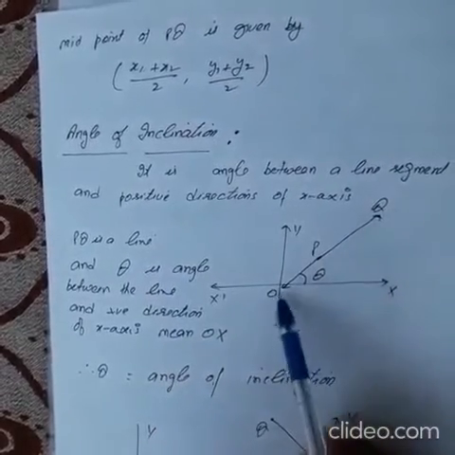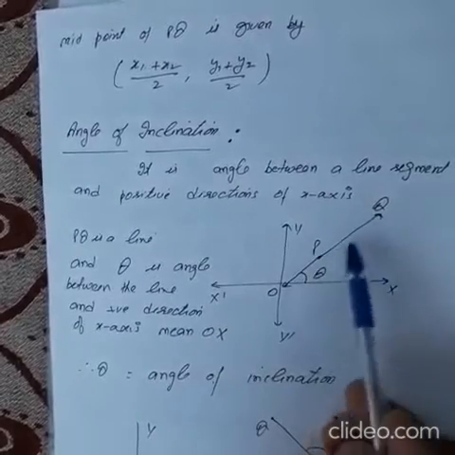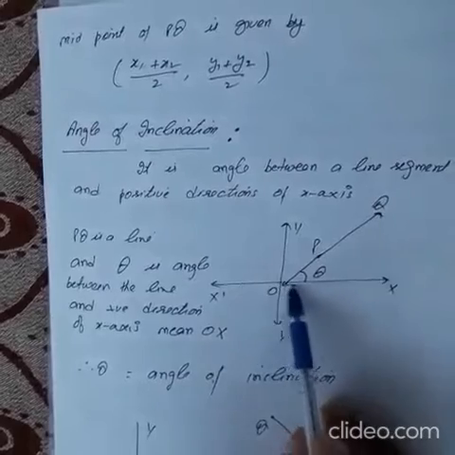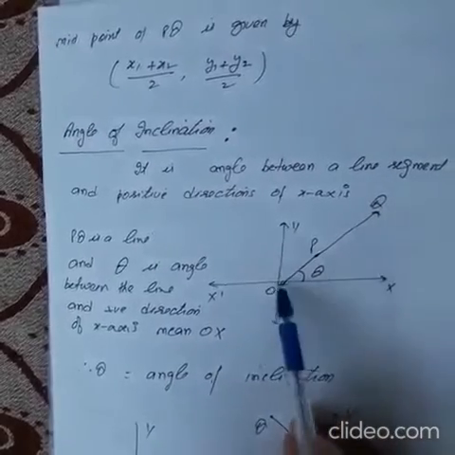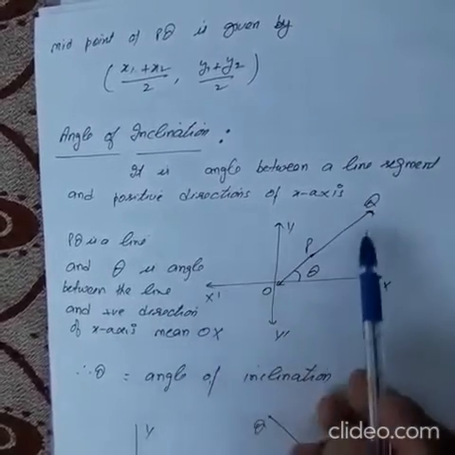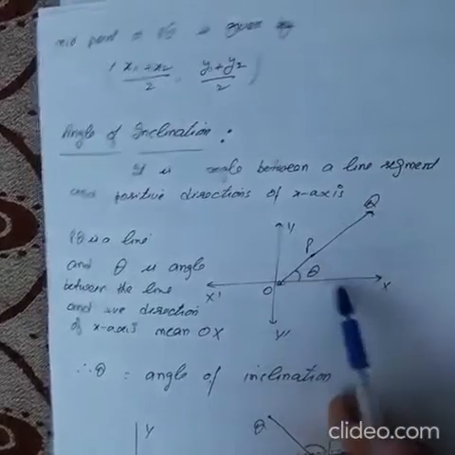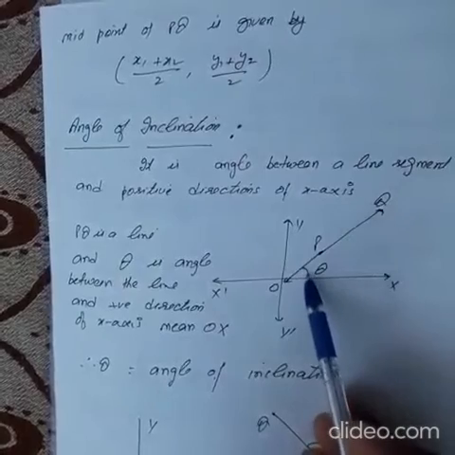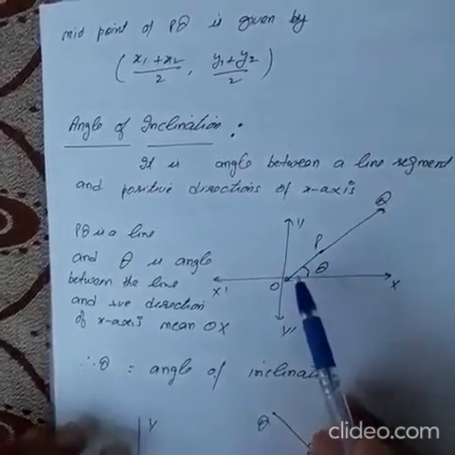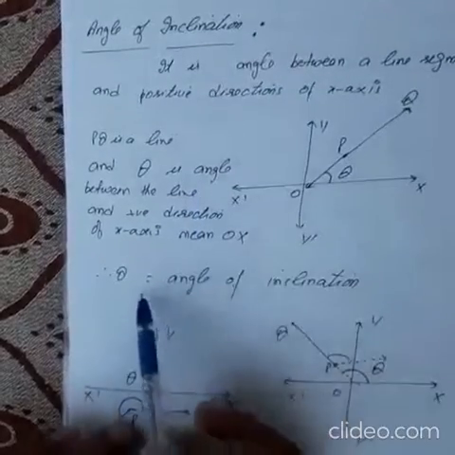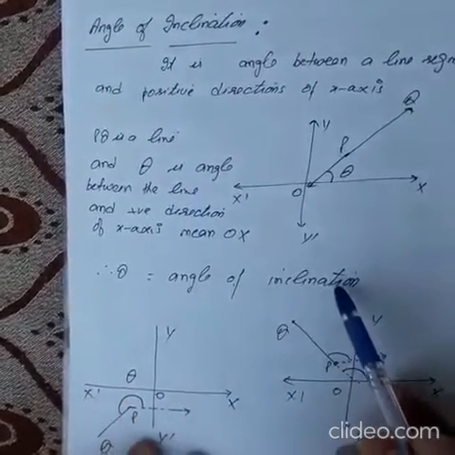So this is the positive direction of the x-axis, this is the negative direction, this is a line, and this is the angle between the positive direction and the line. This angle is called the angle of inclination. It is represented by the symbol theta.